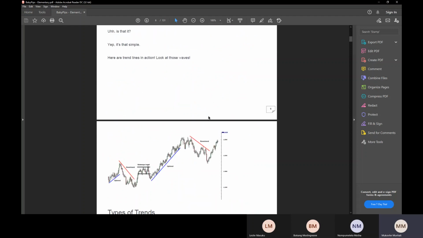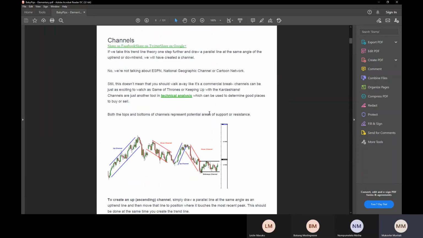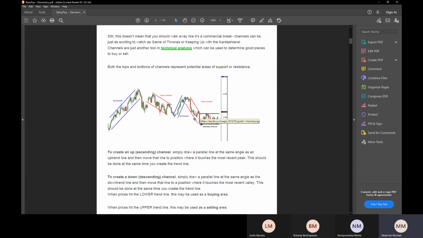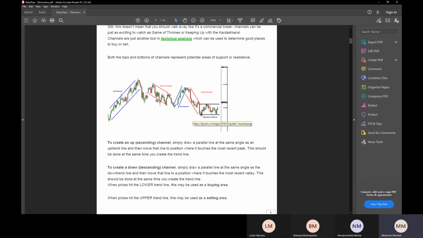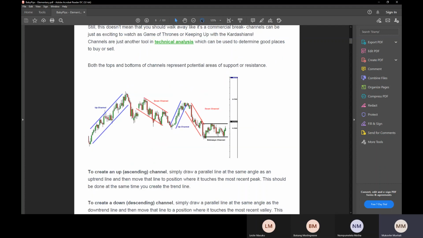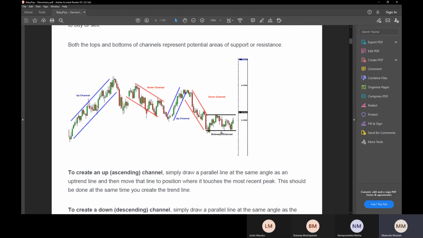Okay, we have covered drawing trend lines before. And this is what we're covering, the channels, but we're only looking at the ones in sideways, which is what you have here. So this is the channel that we're looking at.